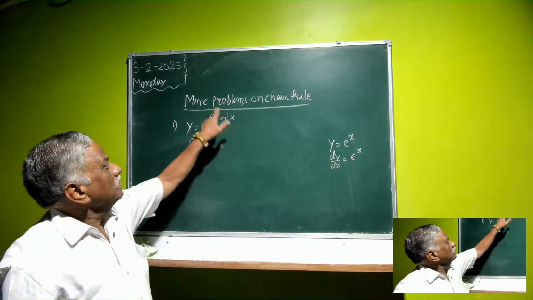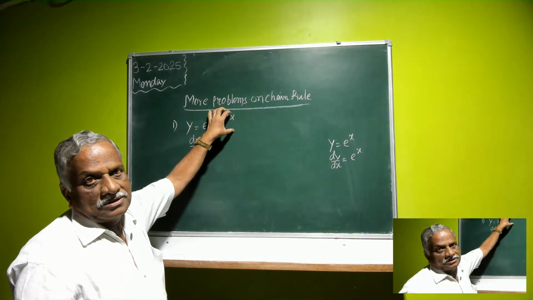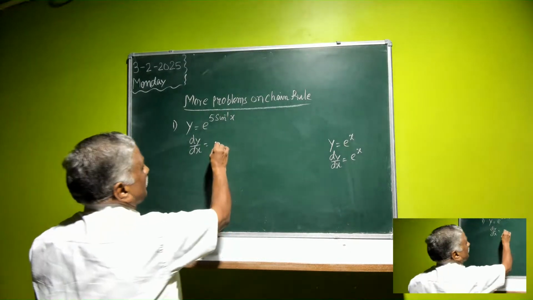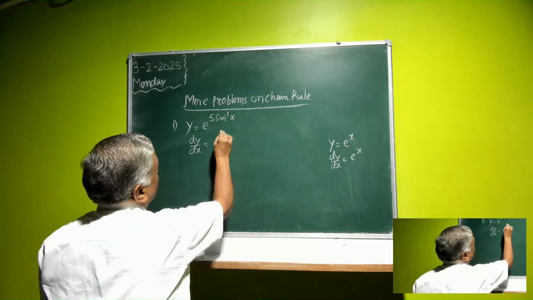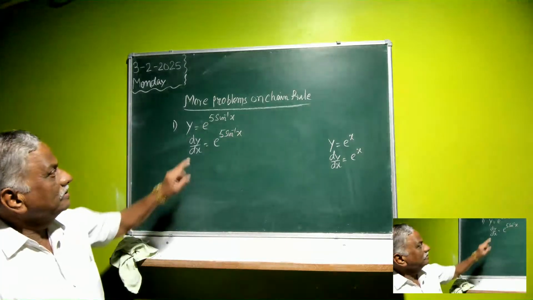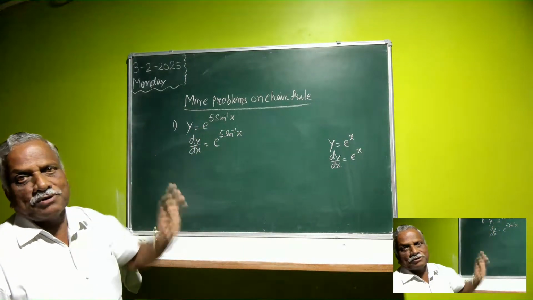So here you take this as u. If it is e power u, the derivative is the same, e power u. So I am going to write that as it is, e power 5 sine inverse x. The first obstacle is e, so I differentiate e power.